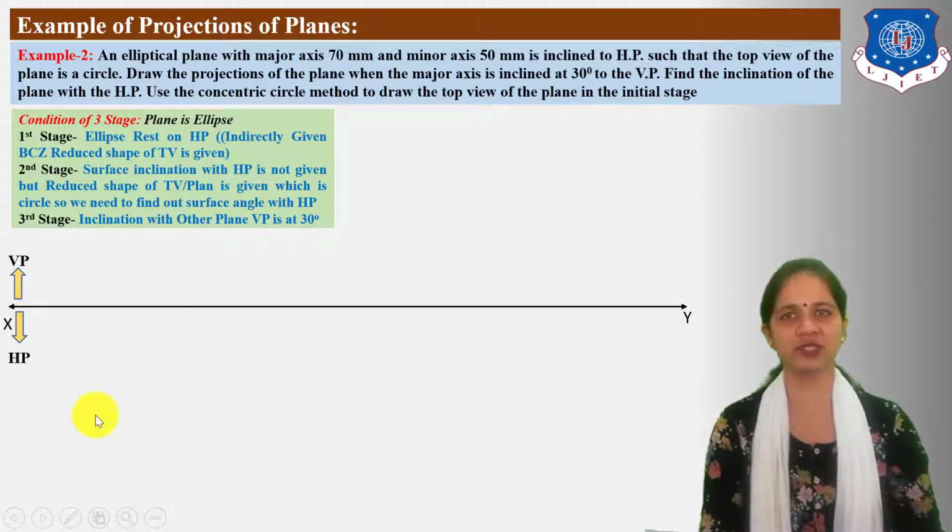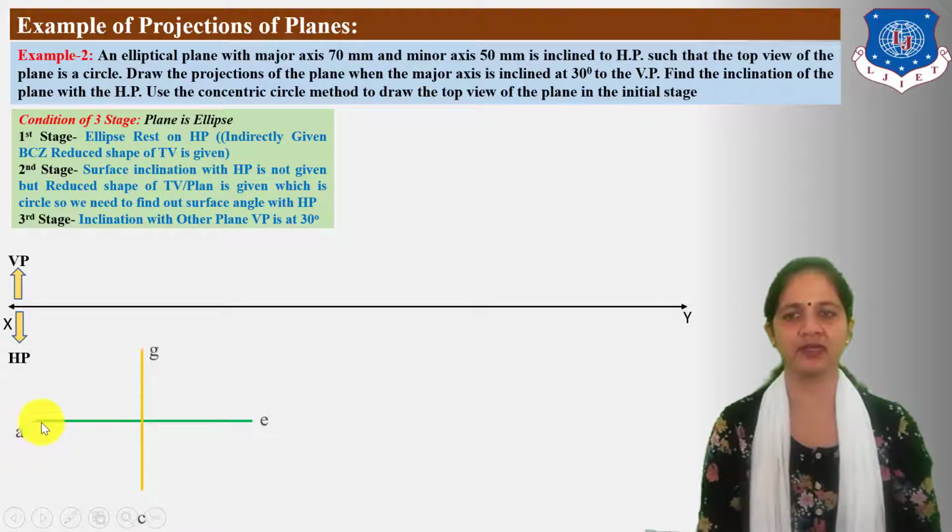Now, for the ellipse drawing, we need to apply the concentric circle method as per the given data, which we already studied in the engineering curves chapter. So, first locate the major axis, and at the center of the major axis locate the minor axis. Next, mark the major axis points A, E and the minor axis points C, G.